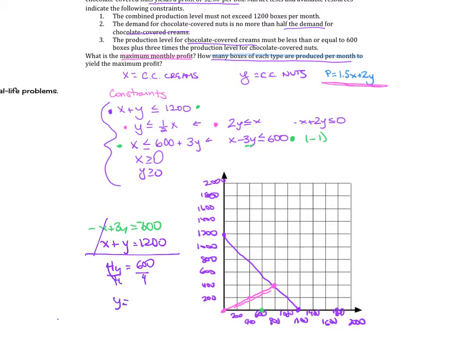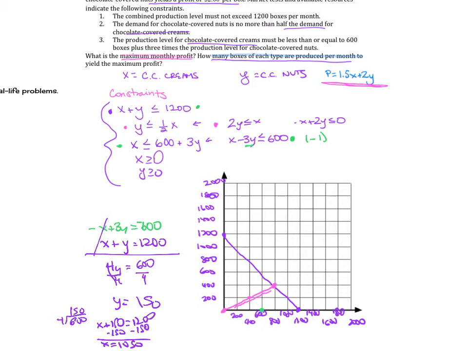So y equals 150 here. And then if we plug it back in, we have x plus 150 equals 1200. Subtract 150 from both sides, and we find that x equals 1050.